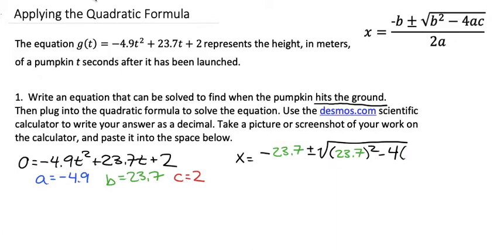Be careful that you're plugging in negative 4.9 for a, and c is 2. And finally, this is all divided by 2a, so 2 times negative 4.9.